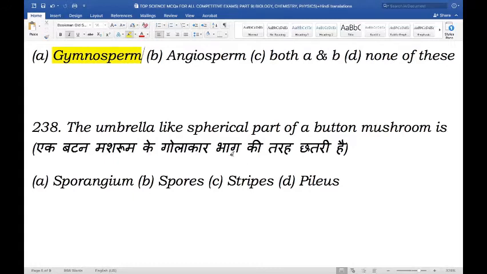So the umbrella-like spherical part of a button mushroom is D, pileus. Pileus is the technical name for cap of a basidiocarp, which means the fungal fruiting body, and this is also a structural unit as it supports the spore-bearing body.